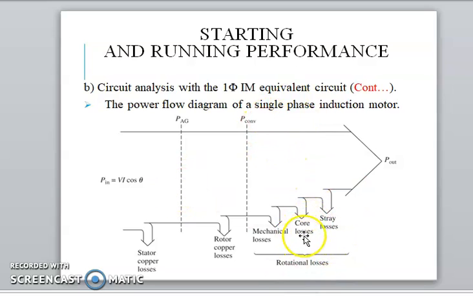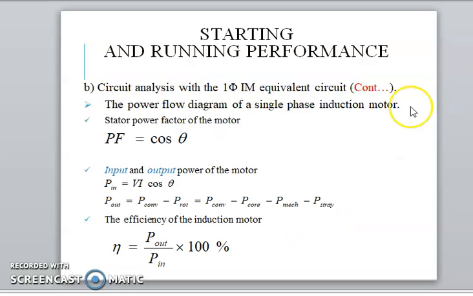We can see that the core loss is moved to the right side of the diagram. So we have only stator copper loss and rotor copper loss here, and all the other losses are included in the rotational losses on the right hand side: mechanical losses, core loss, and stray loss.